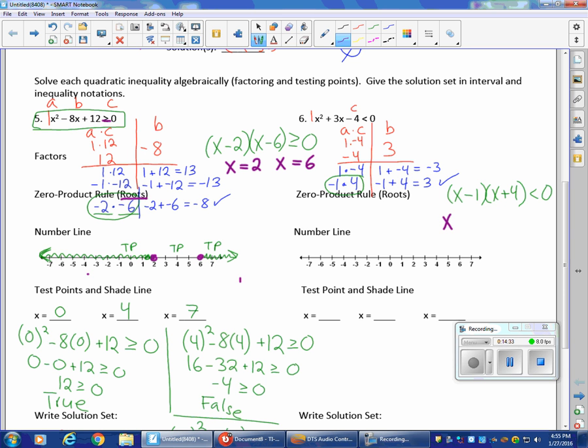So following the same pattern, my root is a positive 1, and another root is at negative 4. What's different this time is we don't have a bar. No bar. So that means that at 1, it's going to be an open dot, and at negative 4, an open dot.